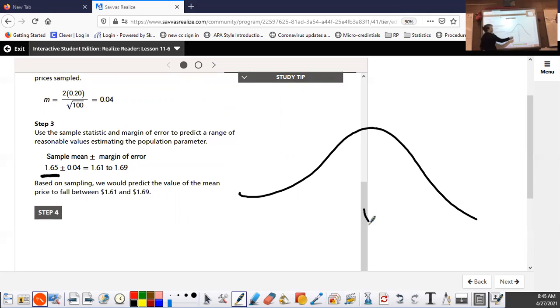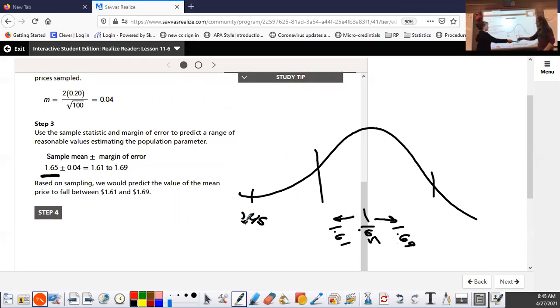So their data was at $1.65. And if we go 4 cents left and 4 cents right, we're at $1.69 to $1.61. So then the question really becomes, is $1.45 within the natural variation? It isn't exactly one standard deviation, but we're saying, is it within the margin of error?